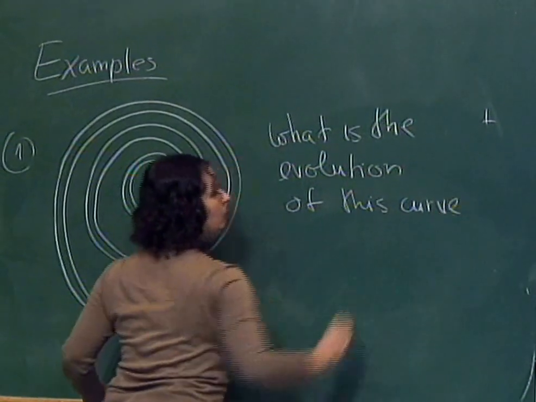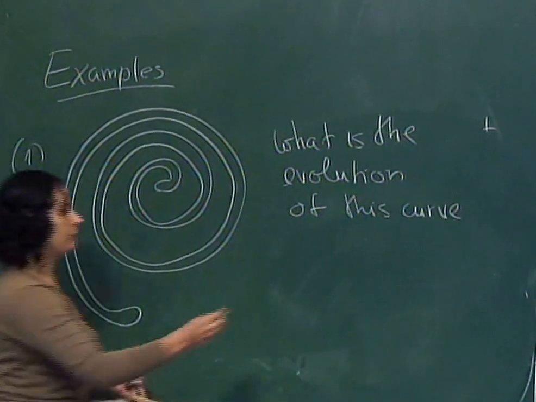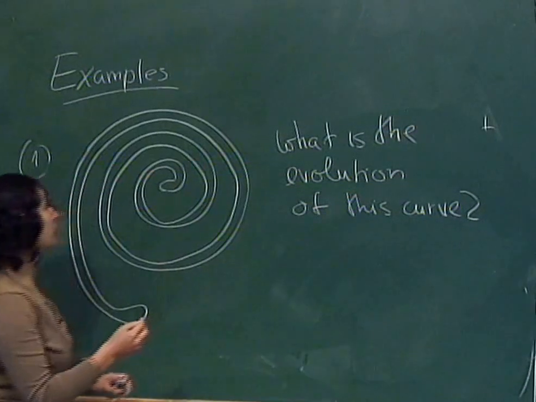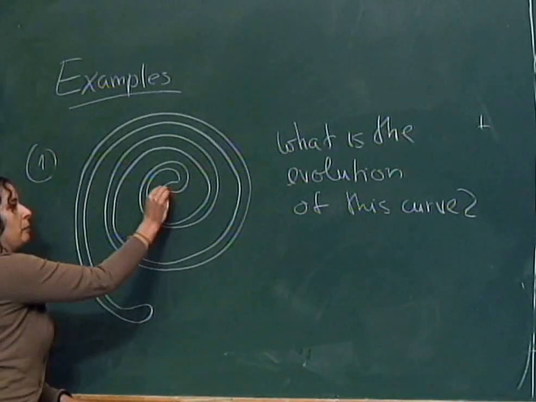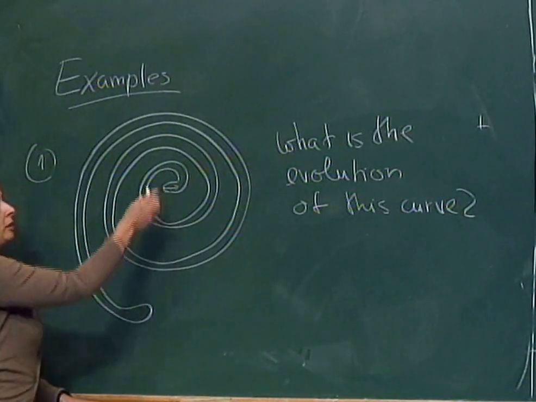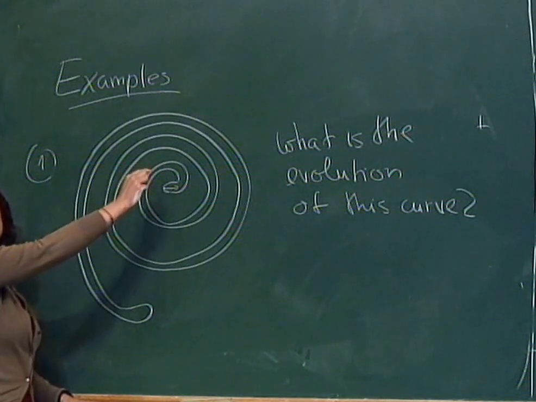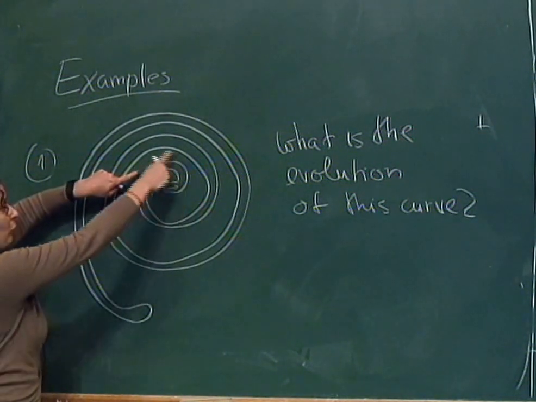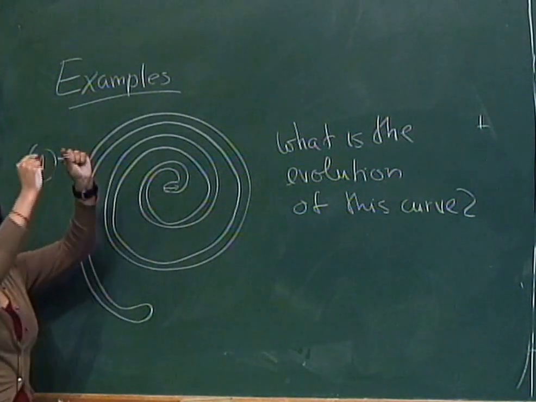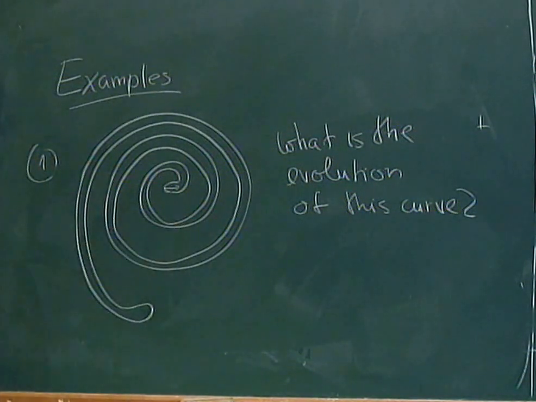This is an old example, and it's sort of unclear what happens, right? Because the curvature here is very big, but this could be very thin. So it's not clear if this is going to go faster this way or it's going to collapse, like my example there. And actually, what happens with this, you can go to YouTube and search for curve shortening flow and see what happens with this curve.